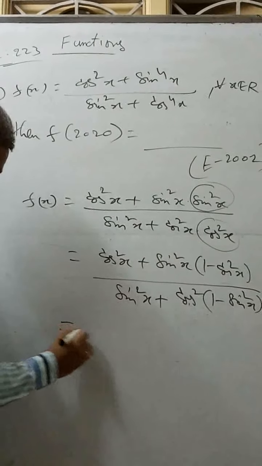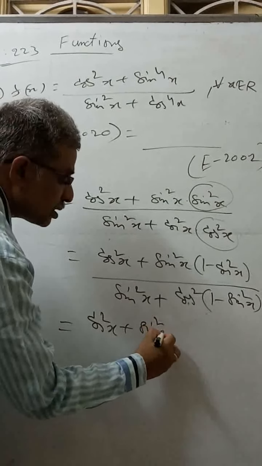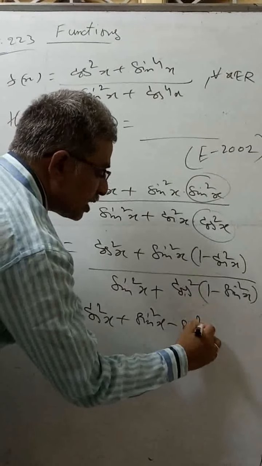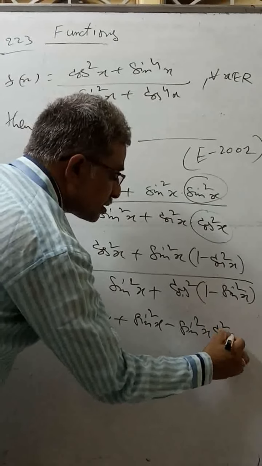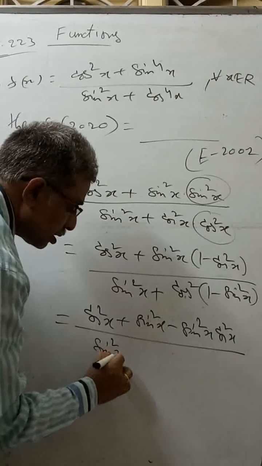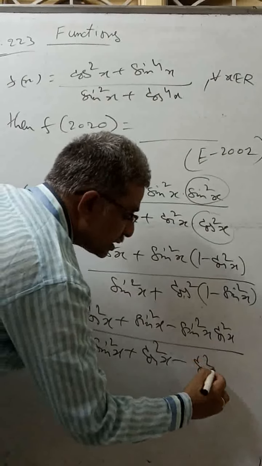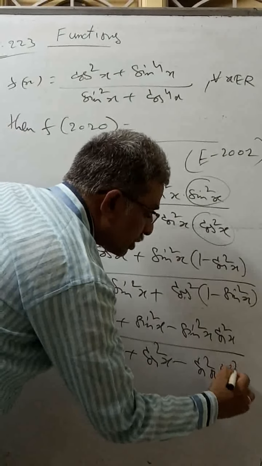Now open the brackets as usual: cos square x plus sin square x minus sin square x into cos square x, divided by sin square x plus cos square x minus cos square x into sin square x.